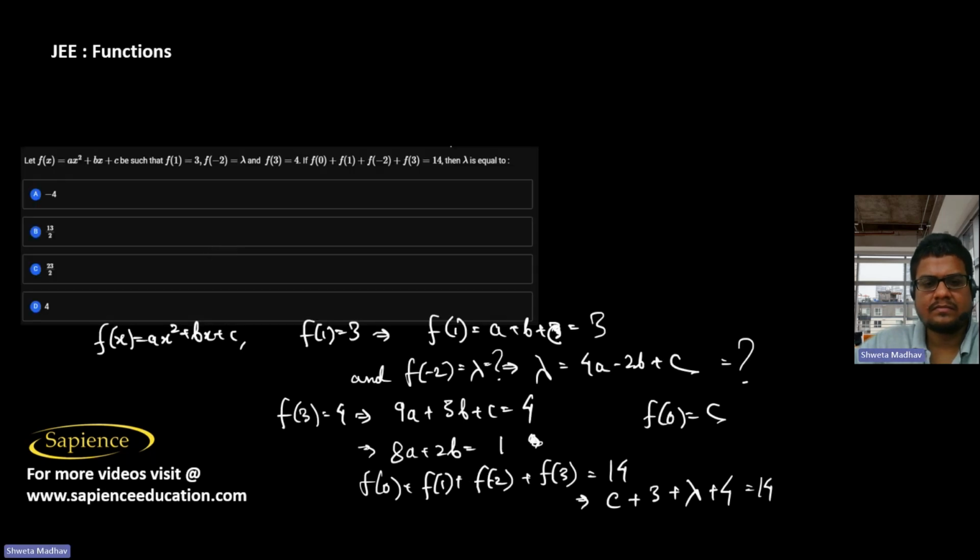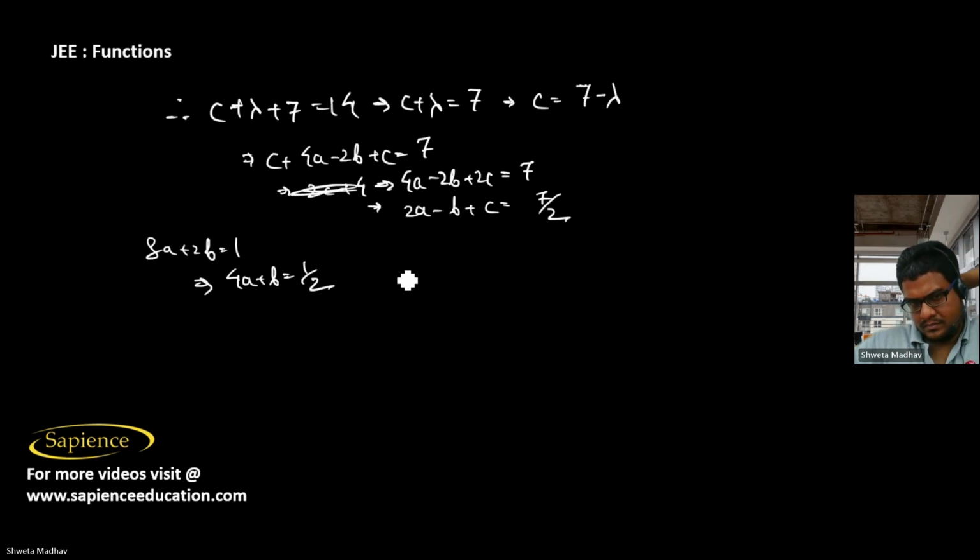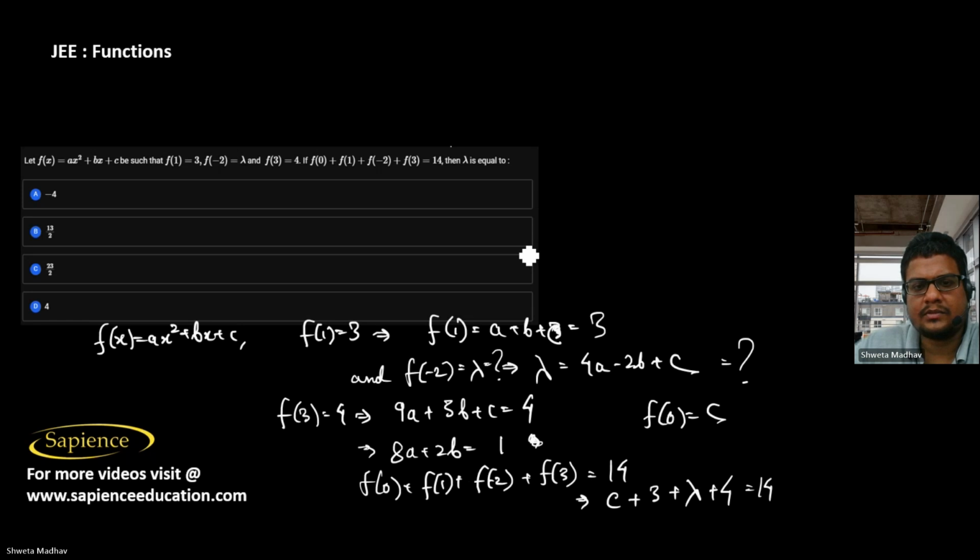And we have got 8a plus 2b equal to 1, therefore 4a plus b is equal to 1 by 2. And a plus b plus c is equal to 3.